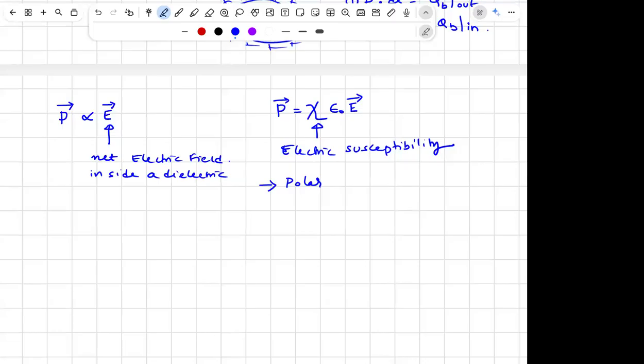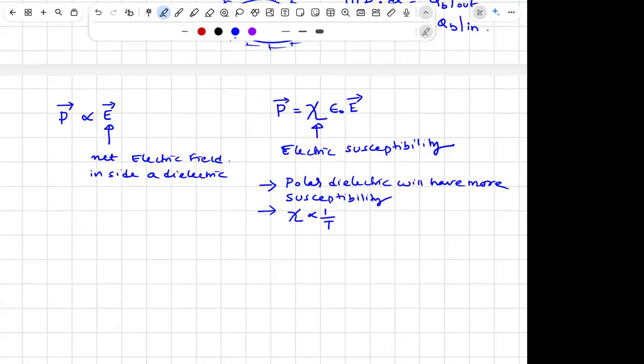Polar dielectrics will have more susceptibility, and susceptibility is inversely proportional to temperature also. Yes, as temperature increases, susceptibility decreases. Susceptibility is a measure of the strength of polarization.